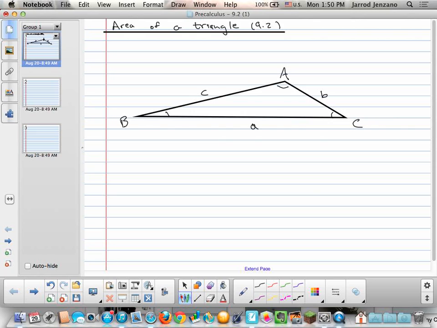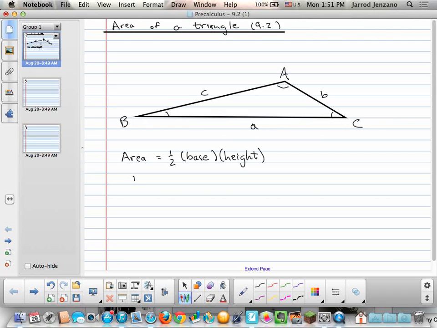The idea is that our goal is to find the area of the triangle. And the area is base times height, or 1/2 base height, and that's always true. Let's call the base A in this case.